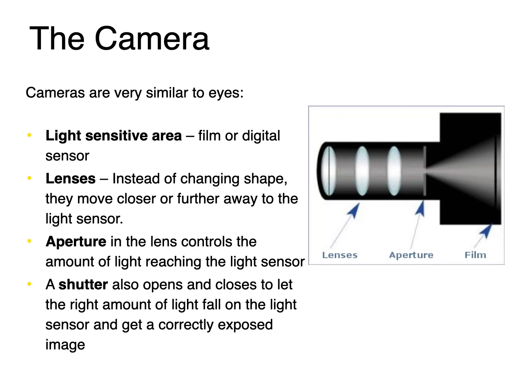I hope you are now clear about the light sensitive area; the lenses, which help to make a clear or focused picture; the aperture, which controls the amount of light reaching the light sensor; and the film, which is the light sensitive area where the image gets recorded. The additional element is the shutter, a mechanical element which opens and closes to let the right amount of light fall on the light sensor and get a correctly exposed image.